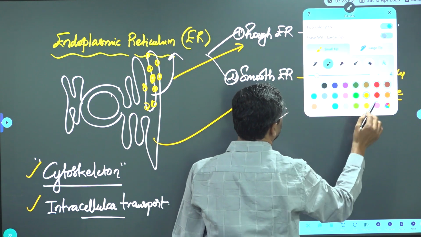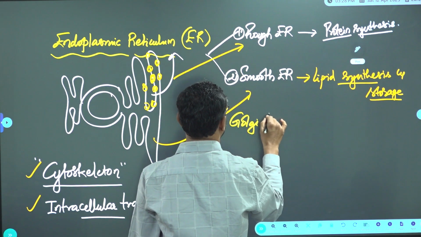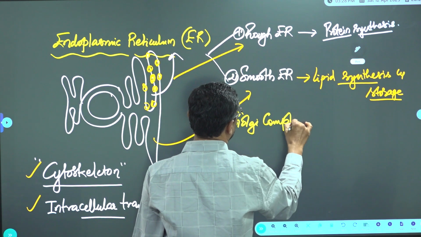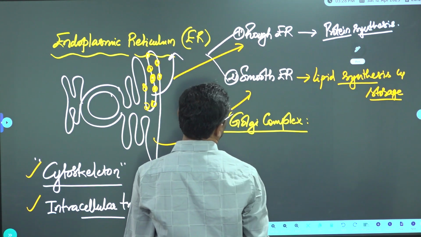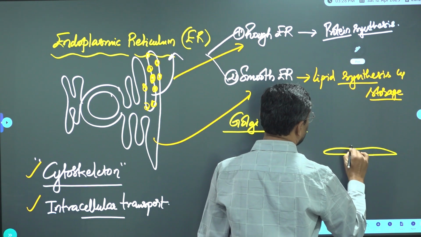Next, Golgi complex. These are tubular structures like this.